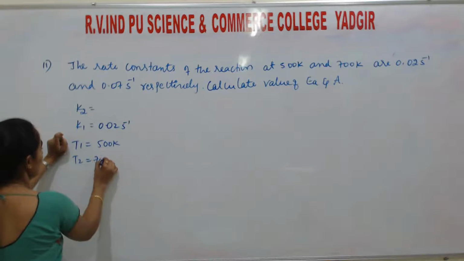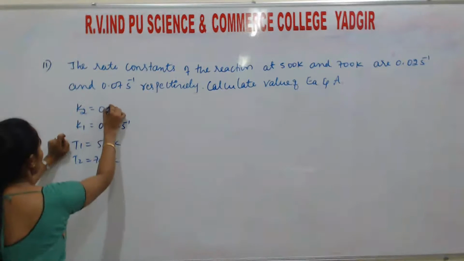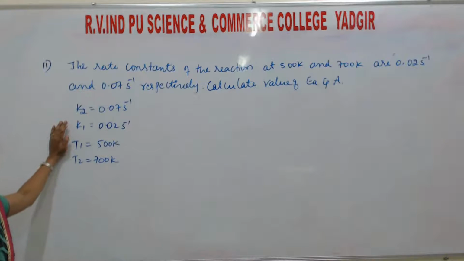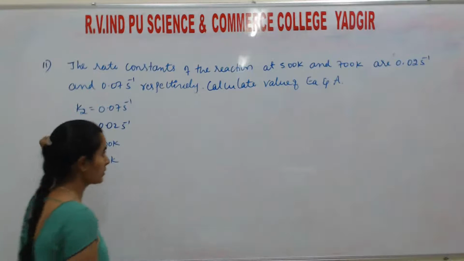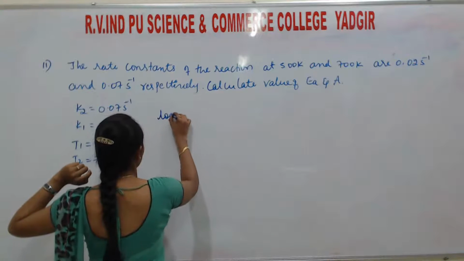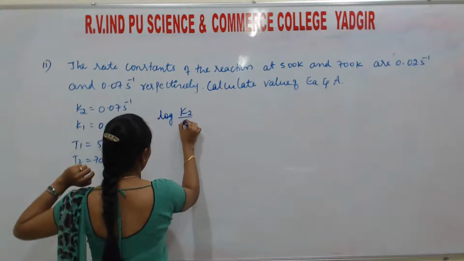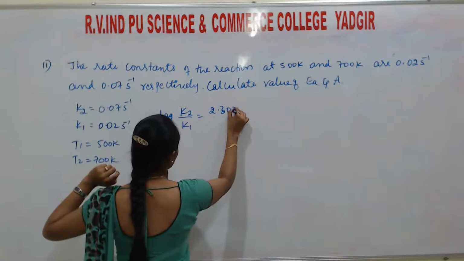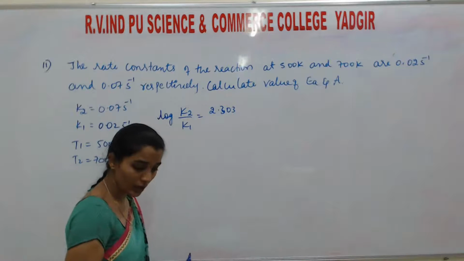T2 they have given 700 Kelvin and K2 is 0.07 second inverse. Okay, we have to calculate what? A value. So the formula, students: log of K2 by K1 is equal to 2.303. Okay, sorry.